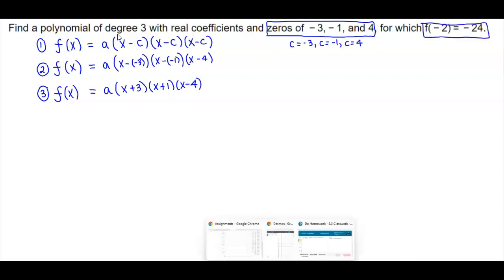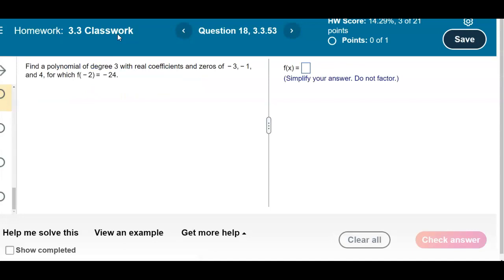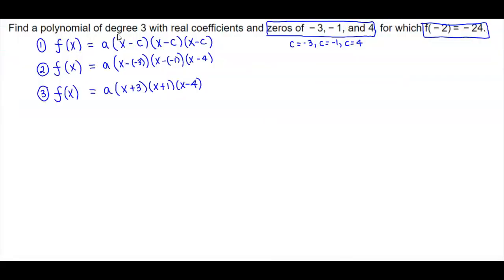The next thing we need to do, since it says to simplify your answer and do not factor, is multiply these all out. We can't leave this in factored form. We can multiply them out by using the box method.